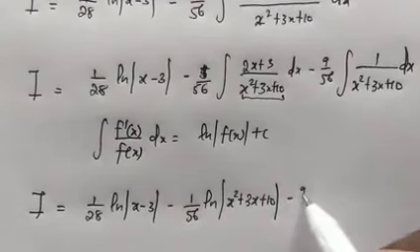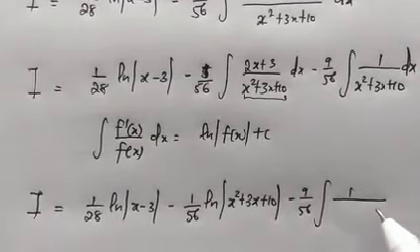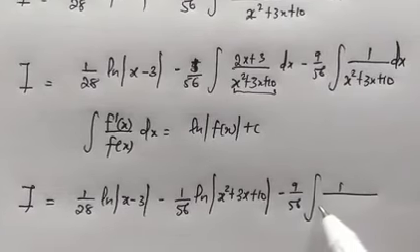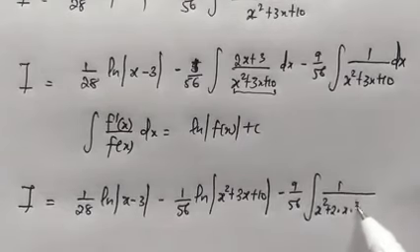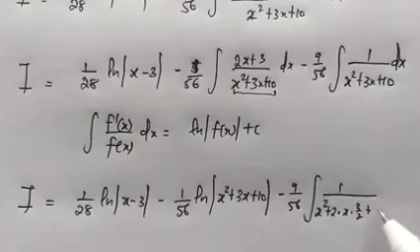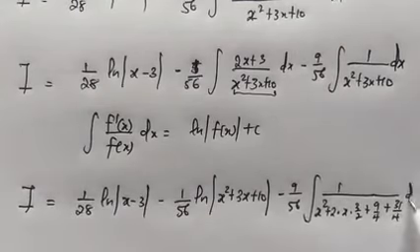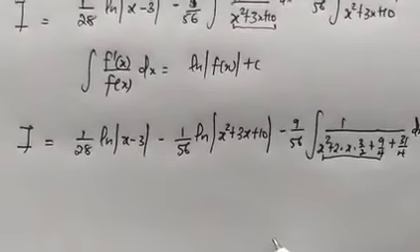And here minus 9/56 the integral of, complete the square of the denominator. So this can be written as x squared plus 2 times x times 3/2 plus (3/2) squared, which gives us 9/4, plus 31/4. You see that this here is a perfect square.